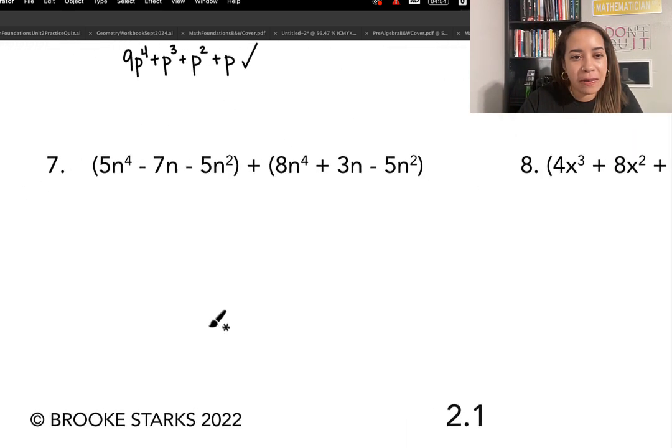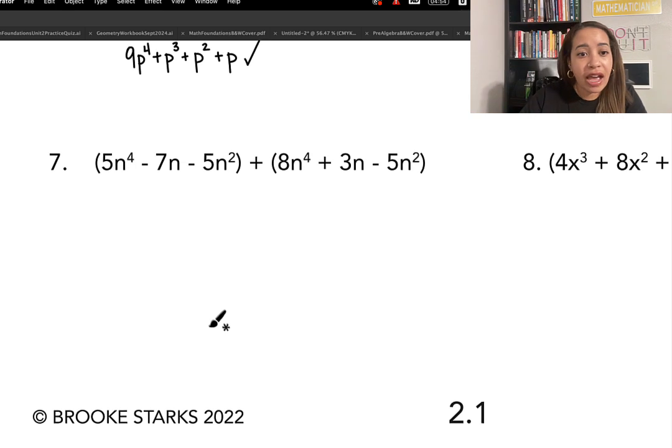Here's 2 more problems to practice. I'm going to start by copying down my first polynomial. We've got 5n to the fourth power minus 7n minus 5n squared.